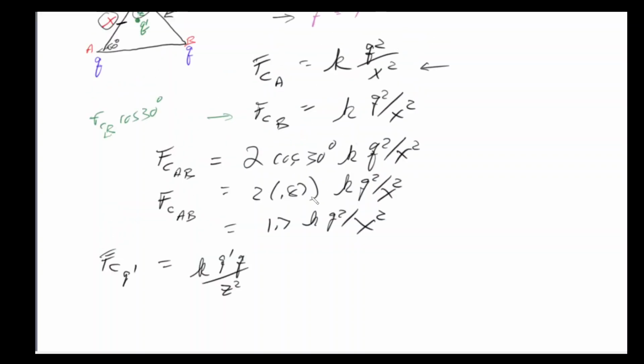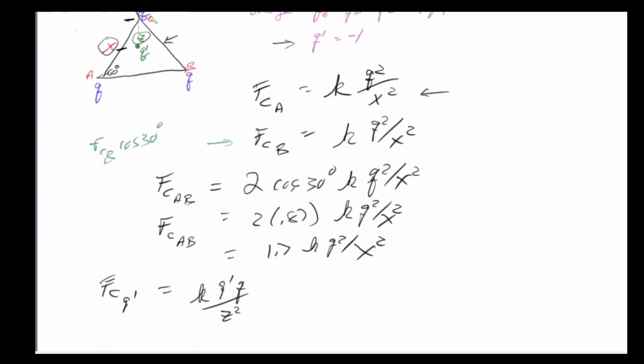Well, how does Z relate to X, the side of the triangle? Well, that distance Z is equal to 1/2 X times the cosine of 30 degrees. Because if you bring this down, this total distance is equal to X times the cosine of 30, and we want half of that.